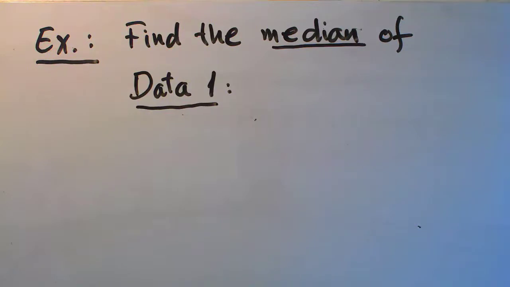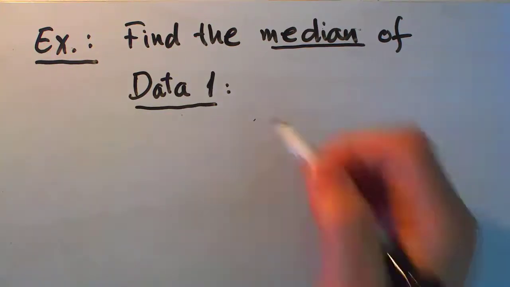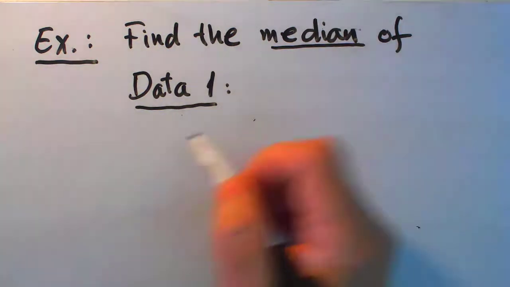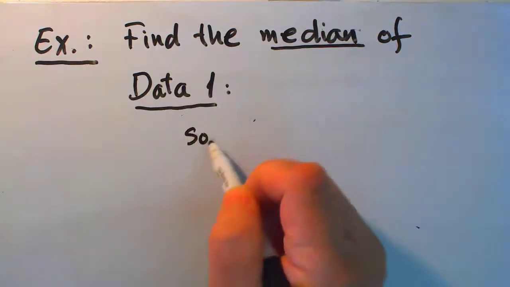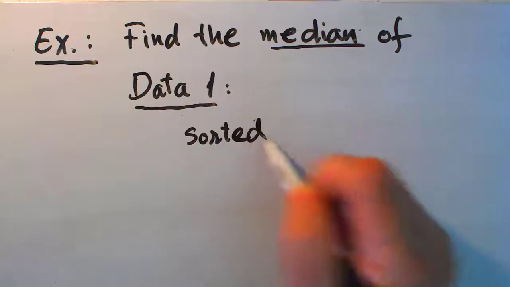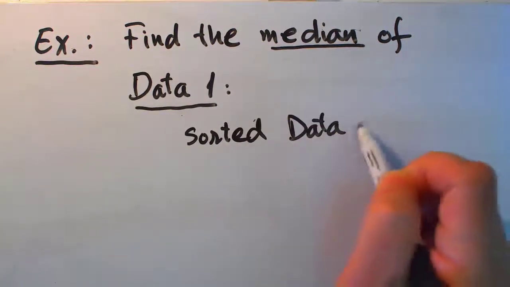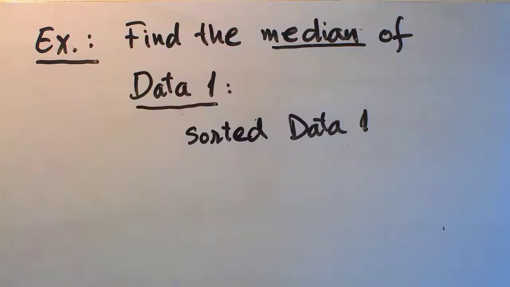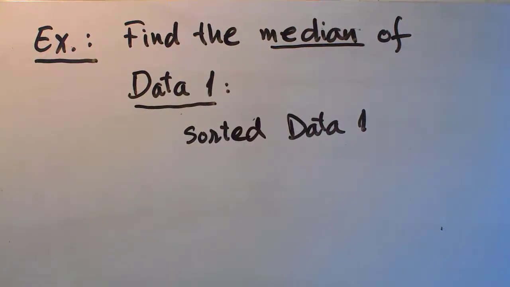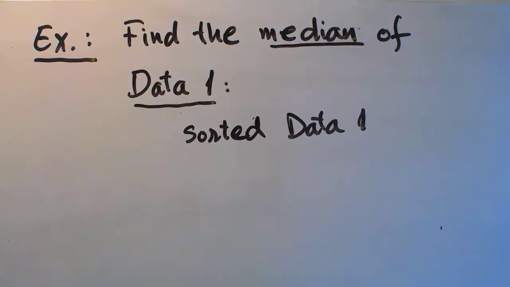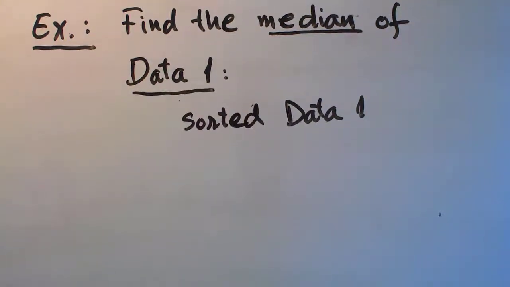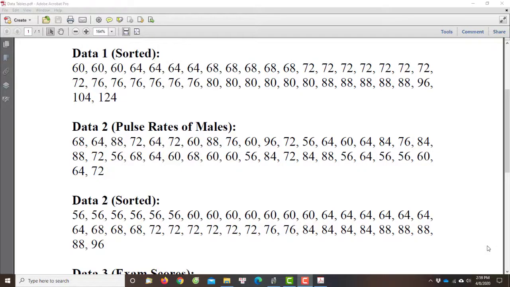So if we're having a look over to data 1, at this point it makes perfect sense that we're looking at the sorted data. We're looking at the sorted data 1. And so if everybody is looking at data 1 together with me, the sorted version, then this is what data 1 is looking like.